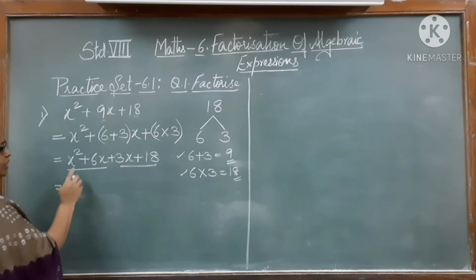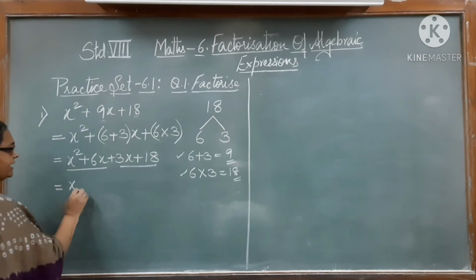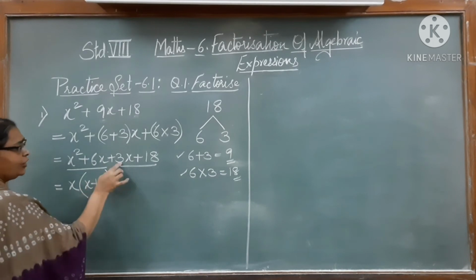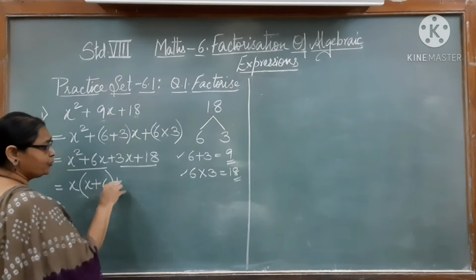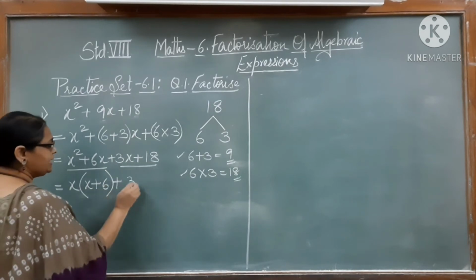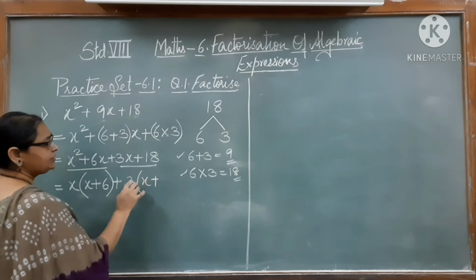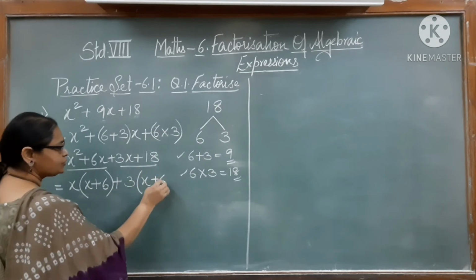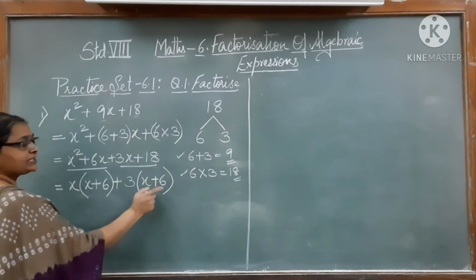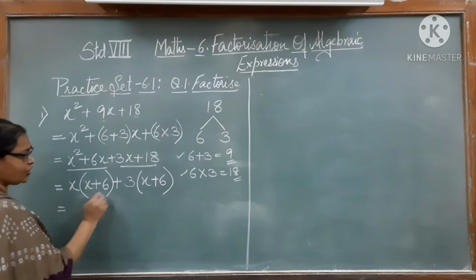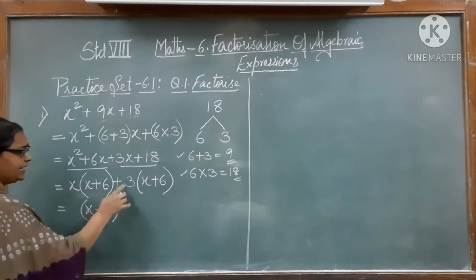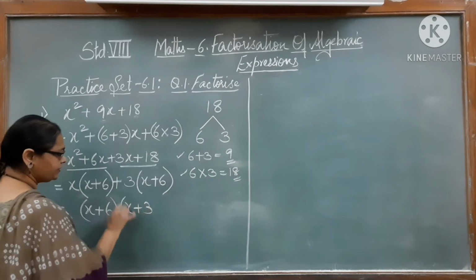That is equal to, take the common terms outside the bracket, x into x plus 6. Now the second group, plus 3 into x plus, 3 sixes are 18, so let me write 6 here. So it is 3 into x plus 6. Now taking the common factor x plus 6 together, the remaining is x plus 3.